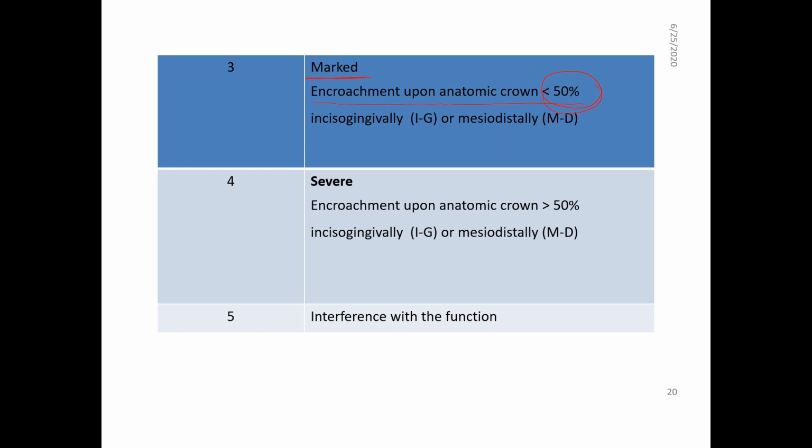This less than 50% of crown can be covered incisogingivally or mesiodistally. Anyhow, the score will be 3 only. In severe, encroachment of the gingiva is more than 50%, incisogingivally or mesiodistally. And in score 5, there would be the enlargement in such a way that it interferes with the function.